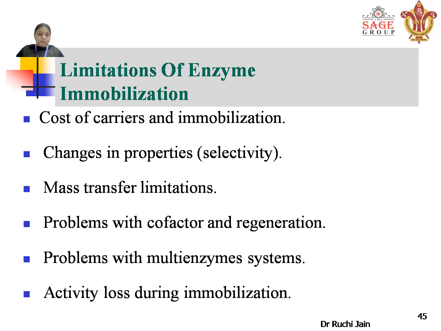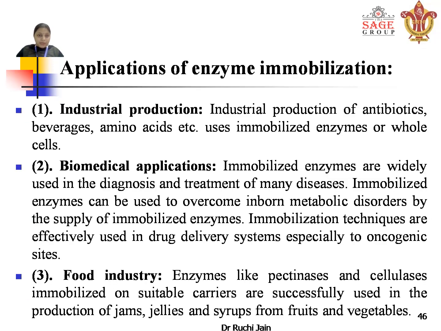So there are various applications of enzyme immobilization. They are used in industrial production of antibiotics, beverages, amino acids. In these types of productions, we require enzymes, and enzymes can be reused with the help of immobilization techniques. There are biomedical applications also.